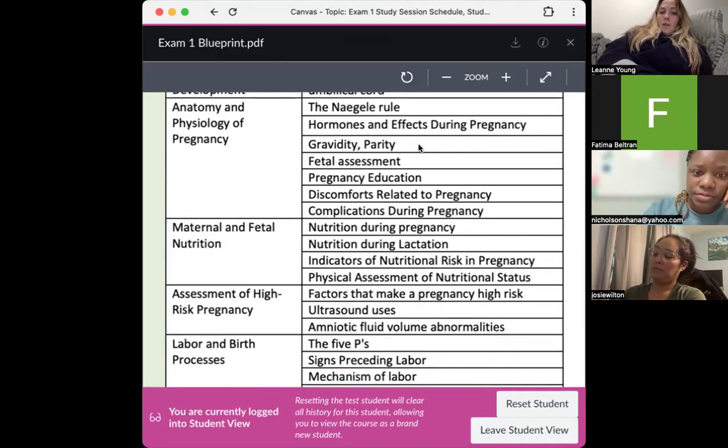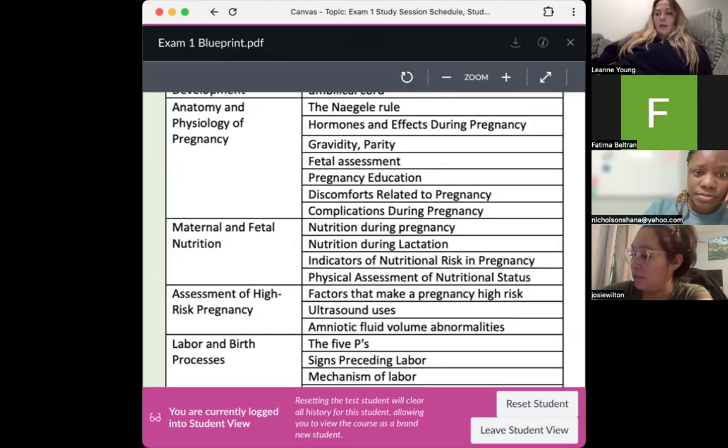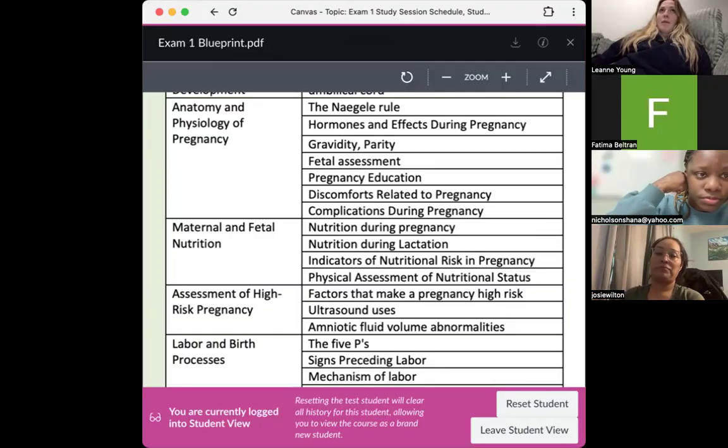Know your G and Ps, so be able to say the entire GTPAL. If we give you a question like, this mom has had this many losses, this many term babies, this many preterm babies, know how to put those in the GTPAL format.